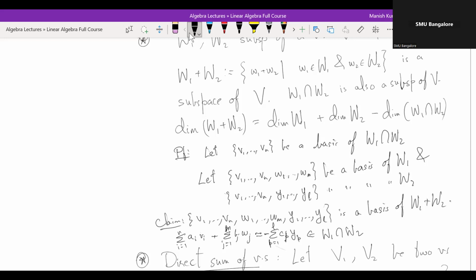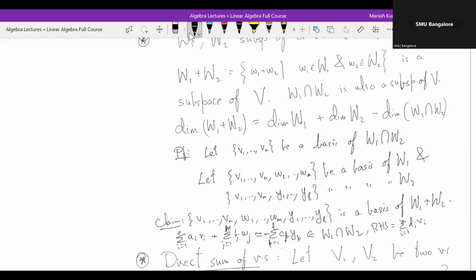So you can write it as a linear combination of VIs. The right hand side is summation di vi, i equals 1 to n. But the YIs and VIs are linearly independent, it's the basis of W2.